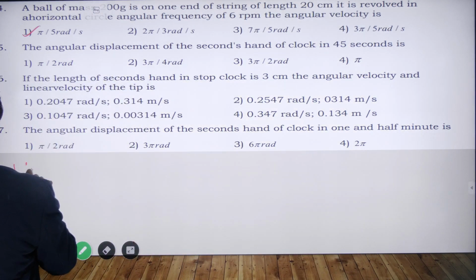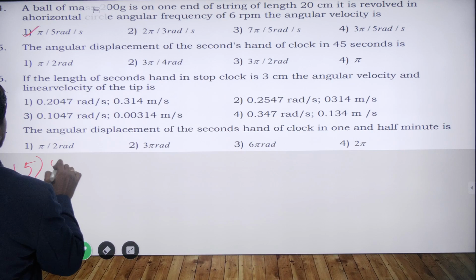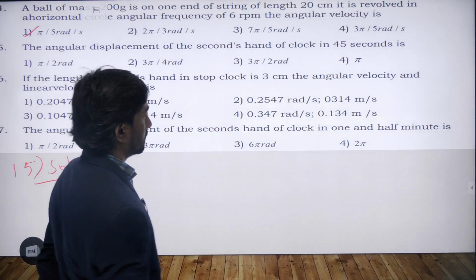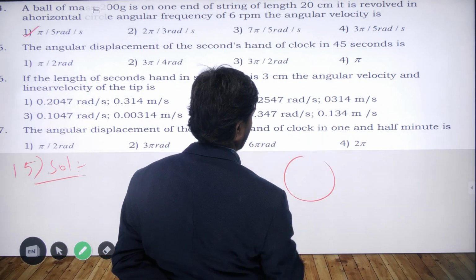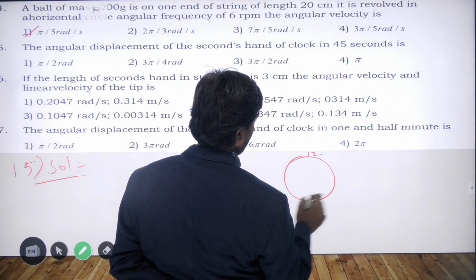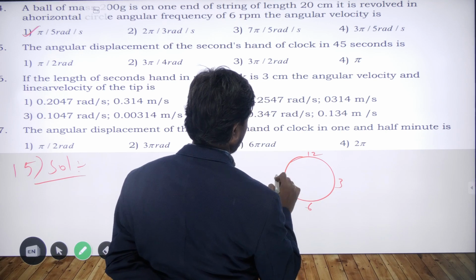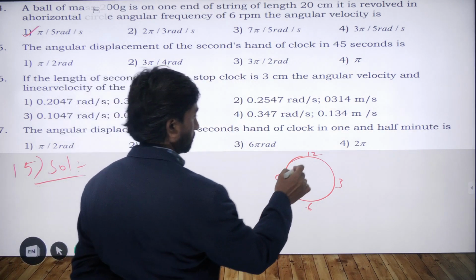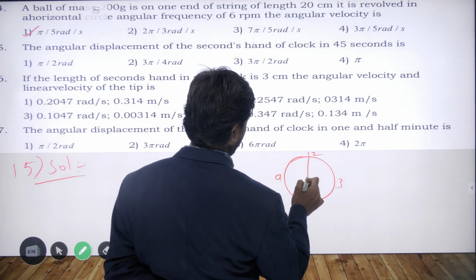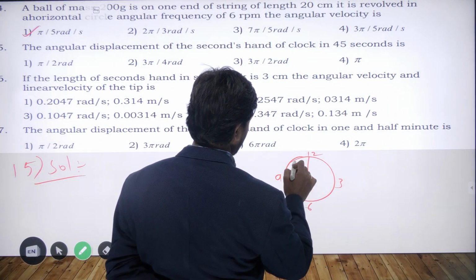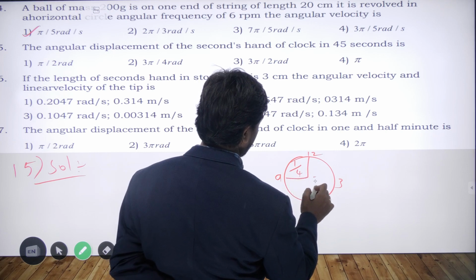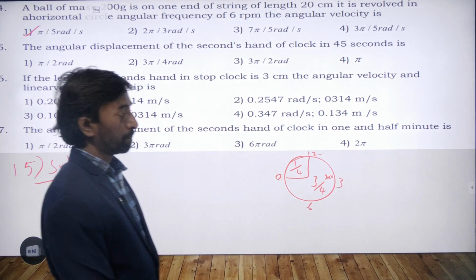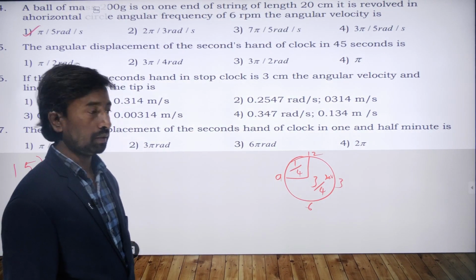So 15th question, 15th solution: the angular displacement of the seconds hand. See here, on the watch this is 12, and this will be 3, 6, and 9. The seconds hand initially starts from here and rotates up to here. This is 1 by 4th, so this will be 3 by 4th of the revolution.